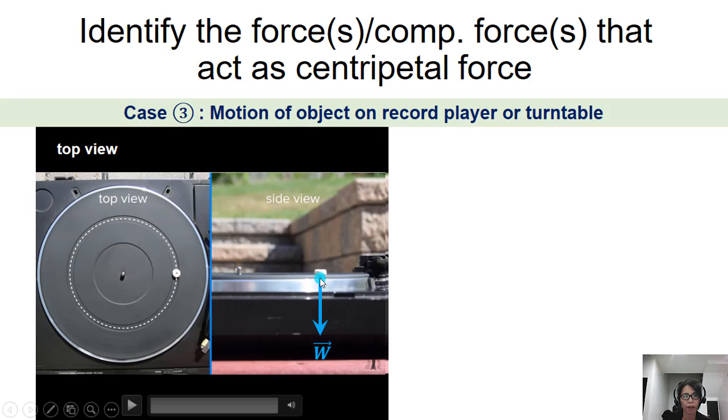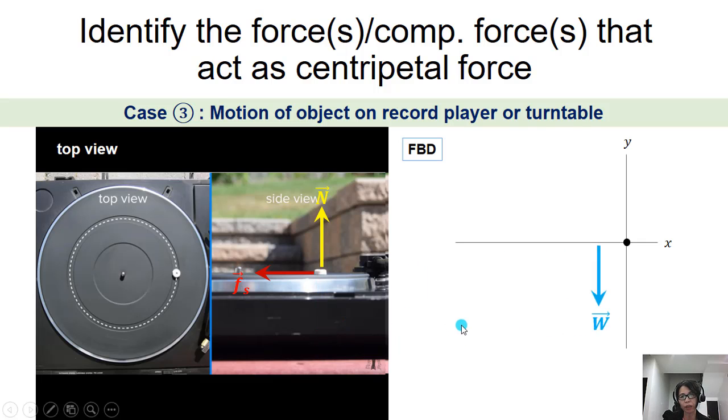Straight downwards, because of the mass, we have weight acting on the surface of the turntable or record player. We have the normal reaction force, and then to prevent the object from skidding away from the center of the circle, between the surface and the object we have friction, and this friction acts towards the center of the circle.